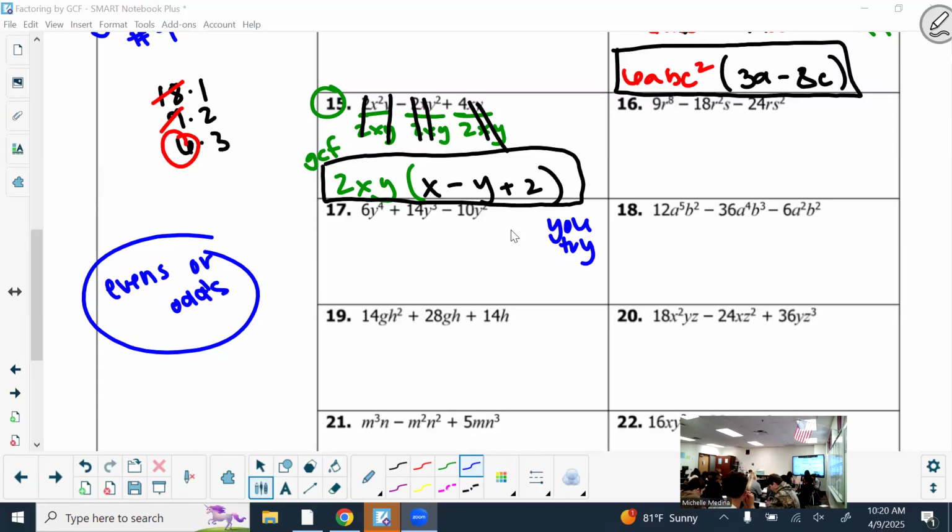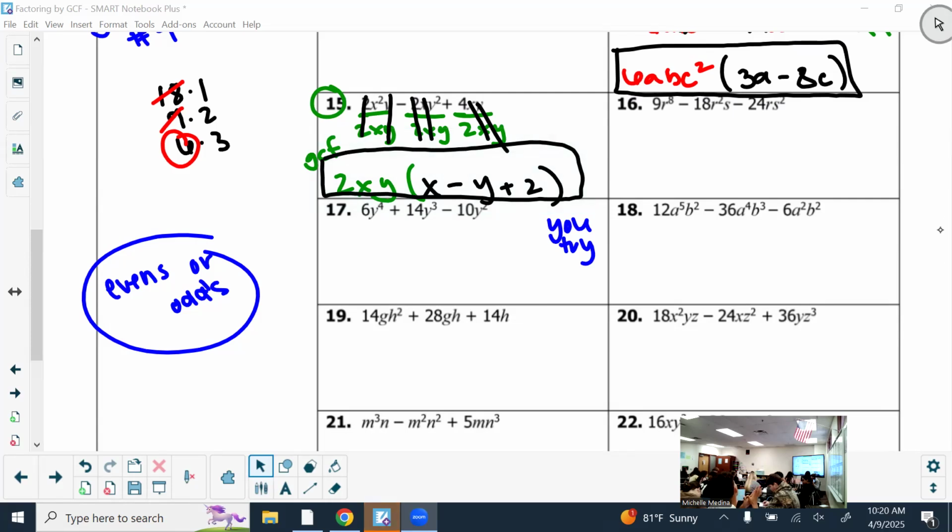Camila will add try number 17. A trinomial, the only difference here is now you just have to make sure it actually works for all the terms. So starting with the numbers, the 6, 14, and 10. GCF can never be bigger than your smaller number. So does 6 divide evenly into all 3 numbers?